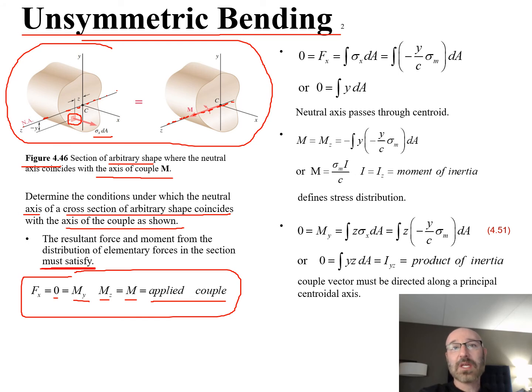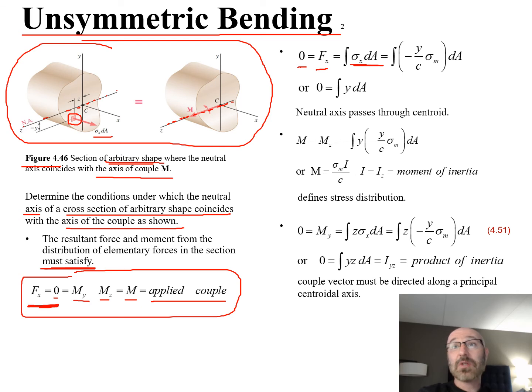Now for this F sub x, if we want to do this over the entire arbitrary shape, we need to do a summation of those. So our force in the x direction, which is equal to 0, and M, which is equal to our applied couple, is equal to the integral. We integrate, summing up all of those individual force elements, our sigma x dA.